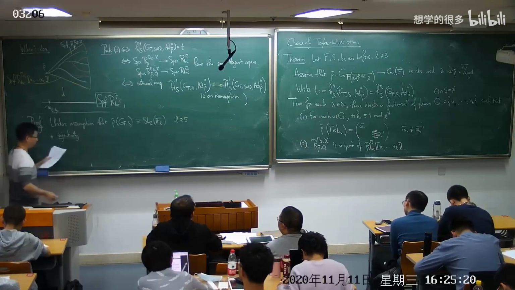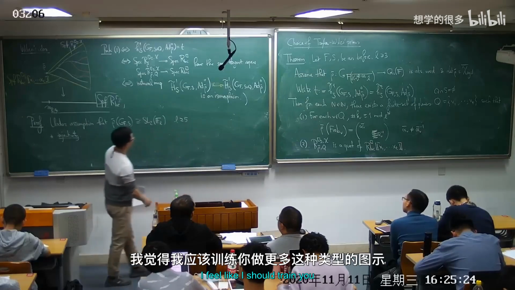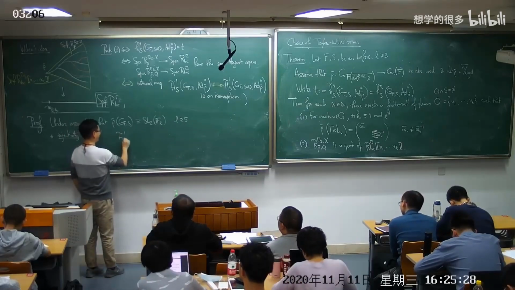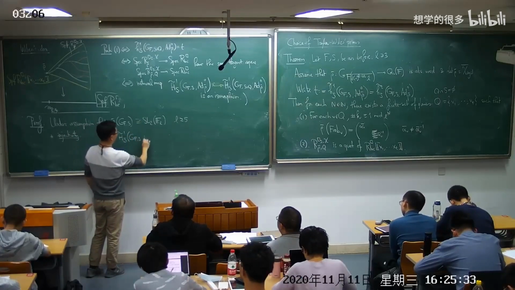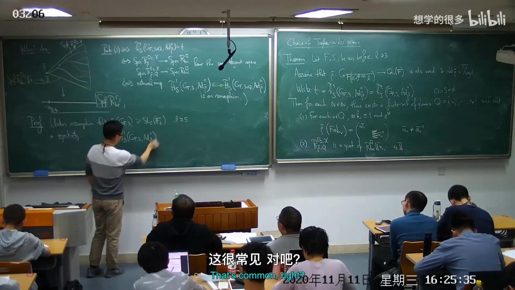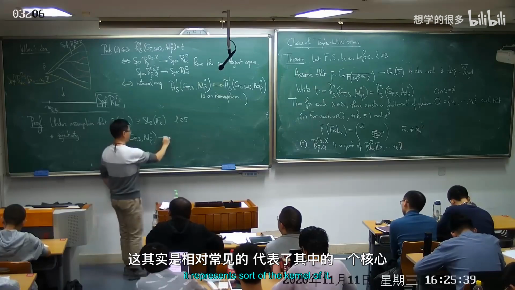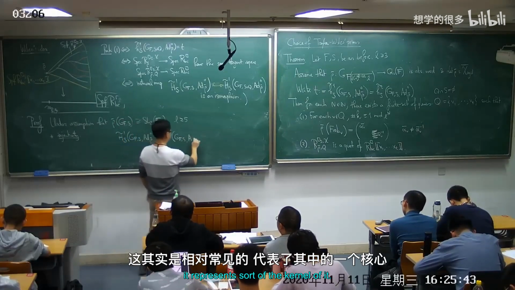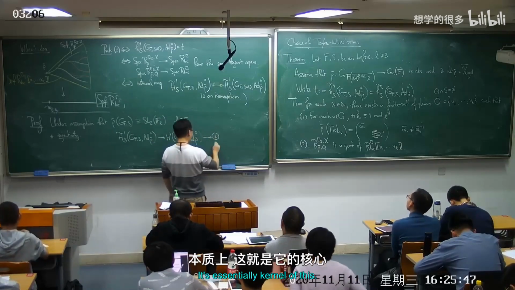It's just one diagram. I feel like I should train you to do more of these types of diagrams. So okay, we have this cohomology, right? It's a relative cohomology. It represents essentially the kernel of this.